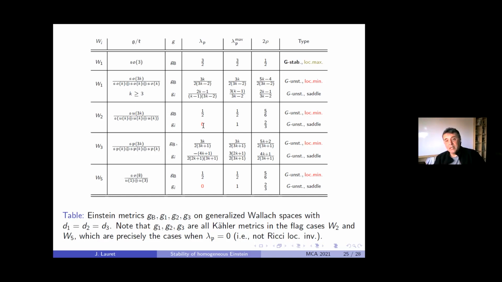So that's very important for a classical problem called the prescribed Ricci curvature problem.